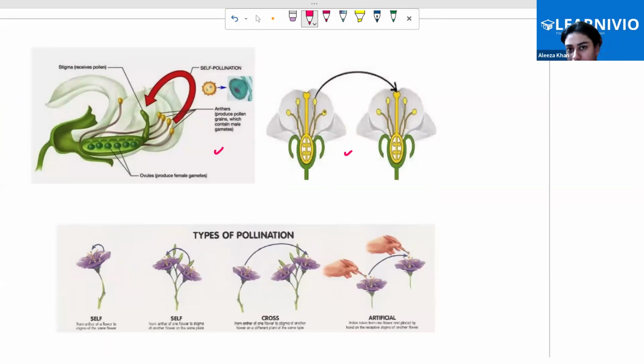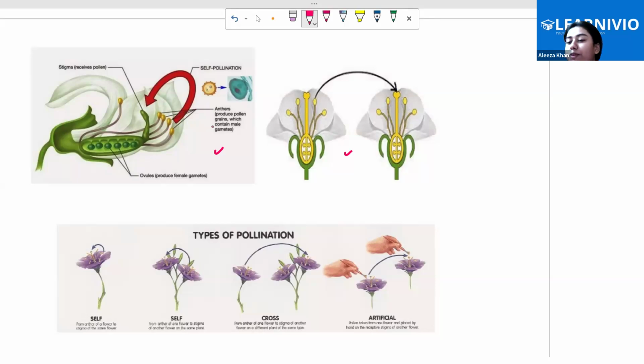In the first image, the pollen grains are going to the pistil, or are sticking to the stigma of the same flower. And in the second image, the pollen grains are going to the stigma of a different flower.